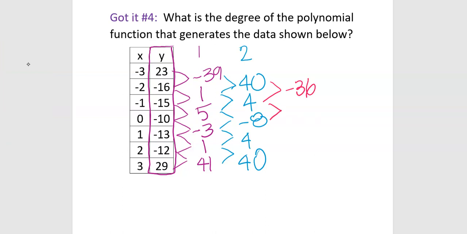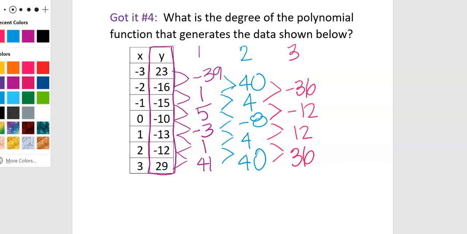Negative 8 subtract 4 gives you negative 12. 4 subtract negative 8 gives you positive 12. And 40 subtract 4 gives you 36. So it is not a third degree. Let's try one more.